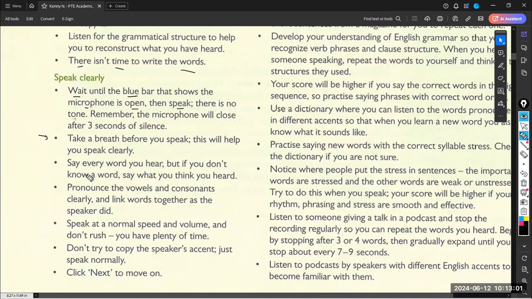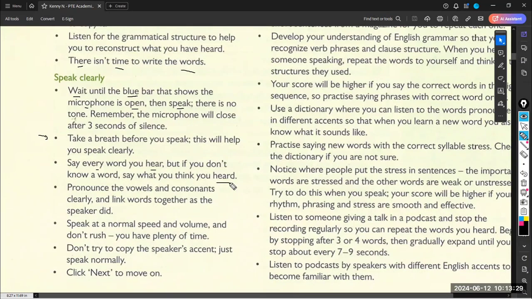So you have to say every word you can hear. But if you don't know a word, say what you think you heard, so as not to lose your mark, because every single word has a mark, Ali. And maybe you don't hear the word or you don't know the meaning of this word, or maybe you are not familiar with the word the speaker is going to say.